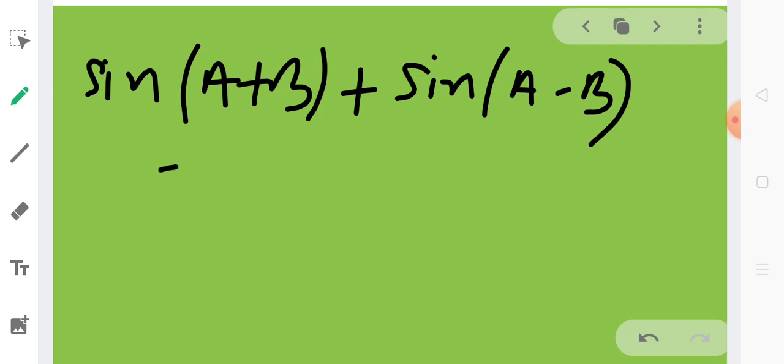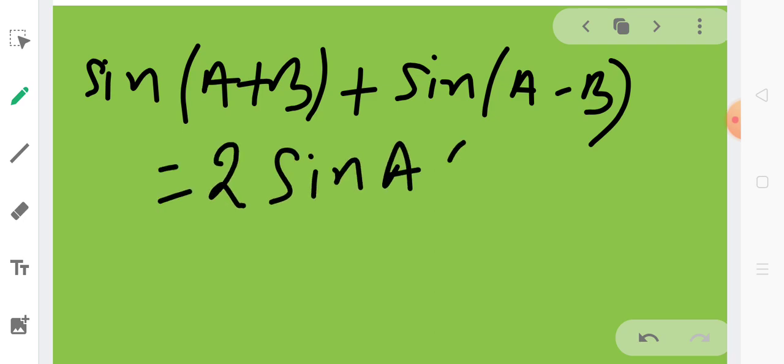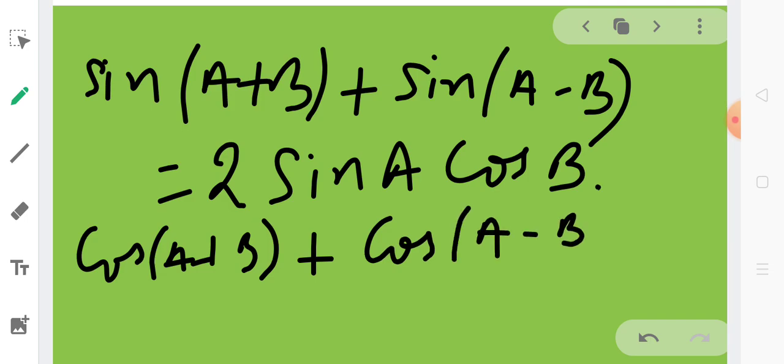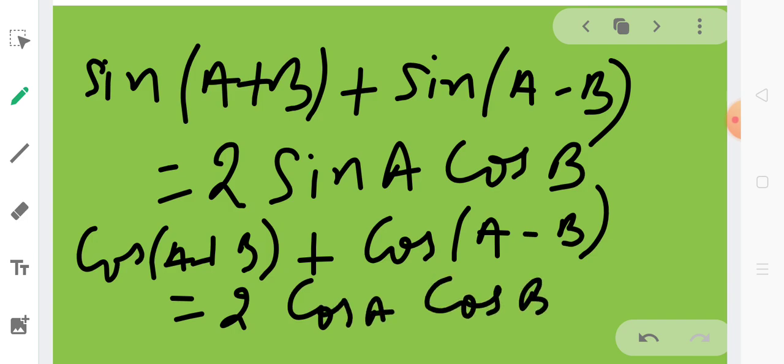You will get 2 sin a cos of b. Similarly, cos of a plus b plus cos of a minus b will give you twice of cos a and cos b.